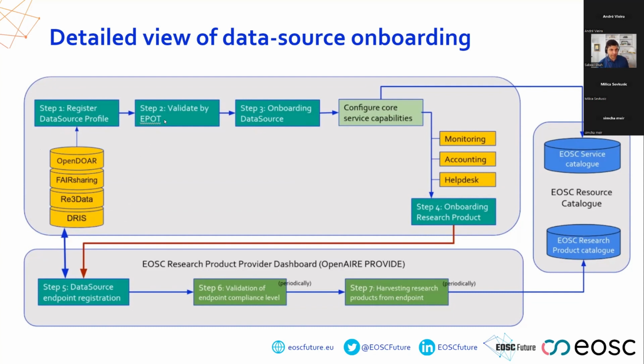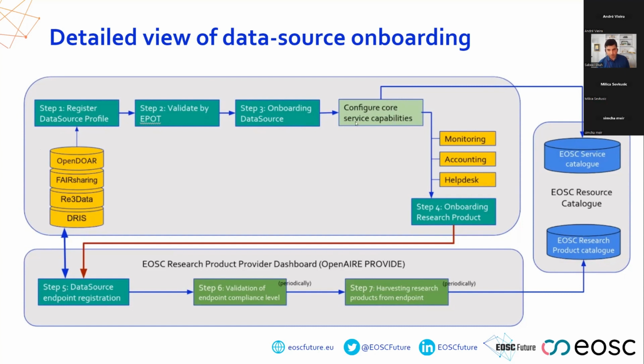In the second step, the data source is validated by the EOSC Portal Onboarding Team. Then, once it's successfully validated, the data source is onboarded. It takes a few days for it to appear in the marketplace.